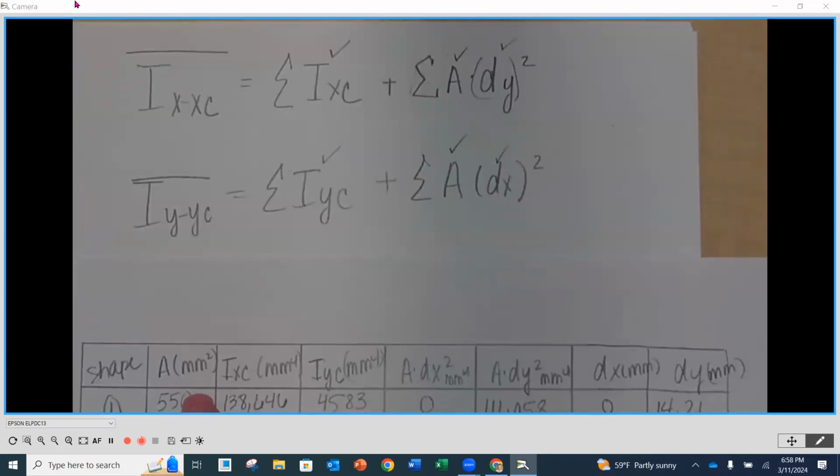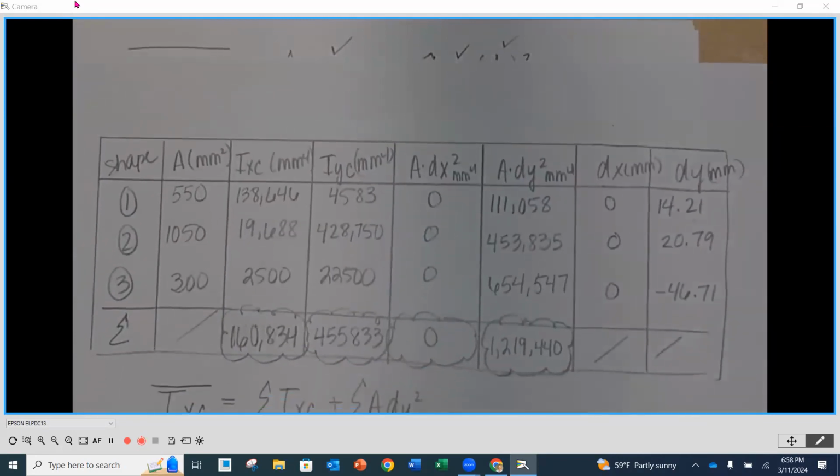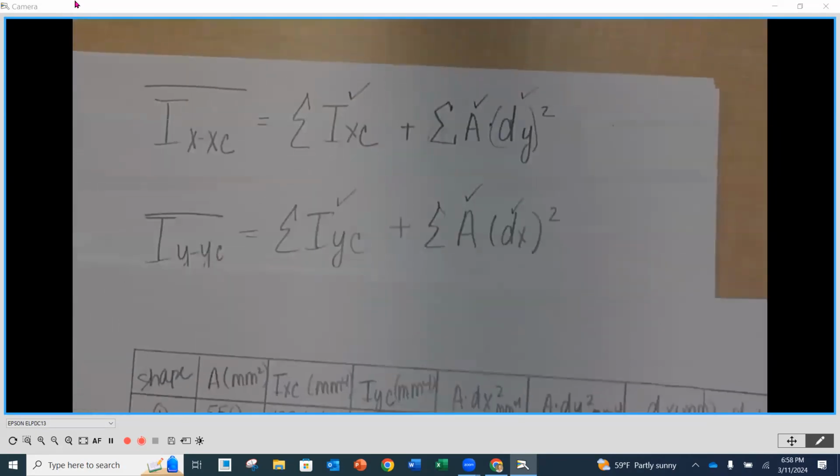And notice that each one of these is based on what's included for the equations that we need. Once you go through, and I did fill mine in already from the previous class, the summation columns correspond to these equations up here.